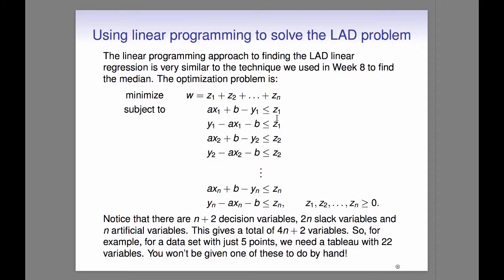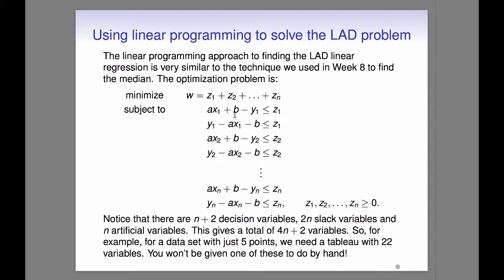So if we've got n points we're trying to draw a line through, there'll be n plus 2 decision variables, the decision variables being the thing that we're looking for, the equation of the line. So we're looking for a and b. The line is y equals ax plus b.